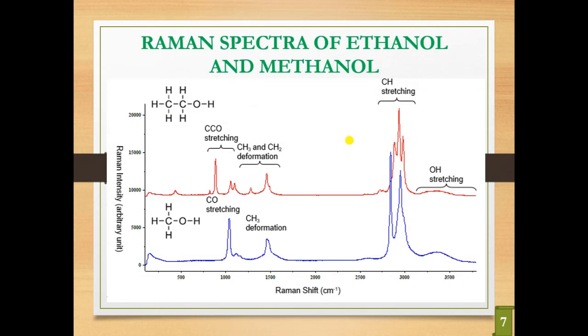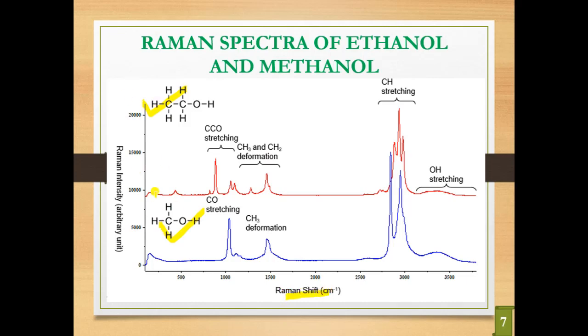Now, next is the Raman spectra. As we have seen, the comparison between IR and Raman is very clear. Now, this is the Raman spectra of ethanol and methanol. How can we differentiate the Raman spectra of ethanol and methanol? Here this is the Raman shift.